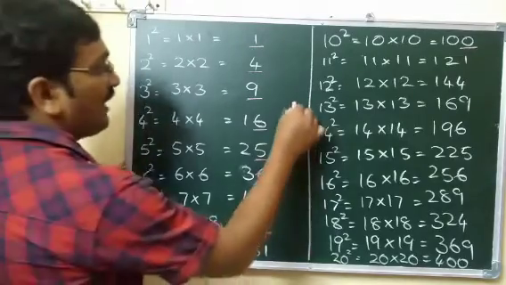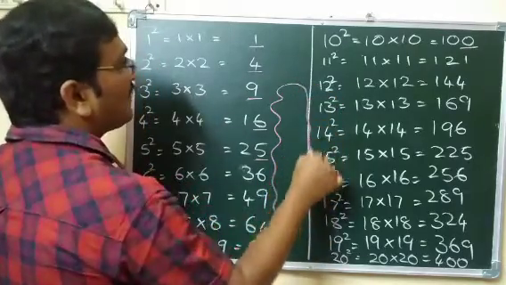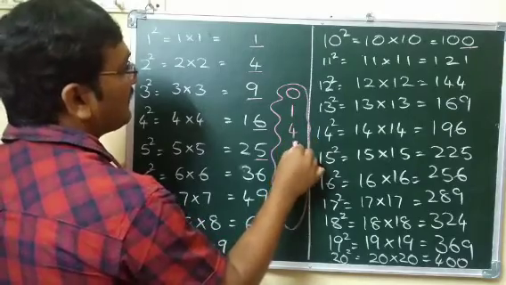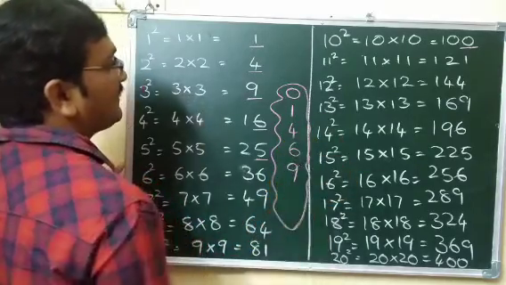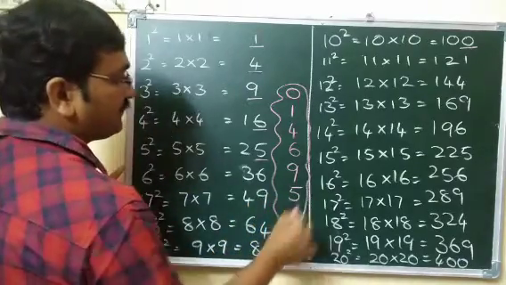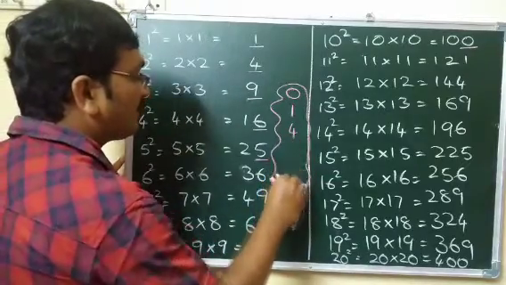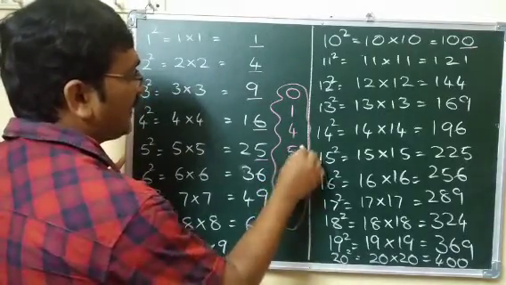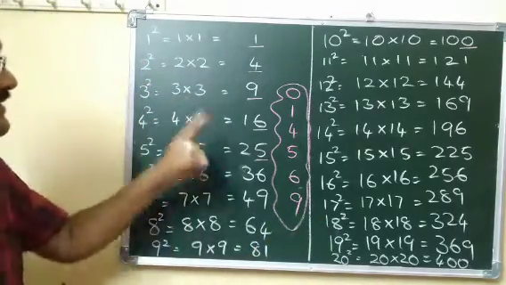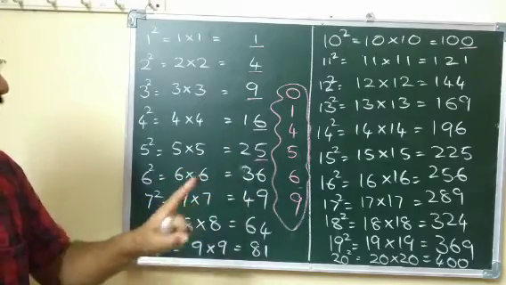I am writing here: 0, 1, 4, 6, 9, and 5 also. In serial order: 0, 1, 4, 5, 6, 9. Only these digits are coming.